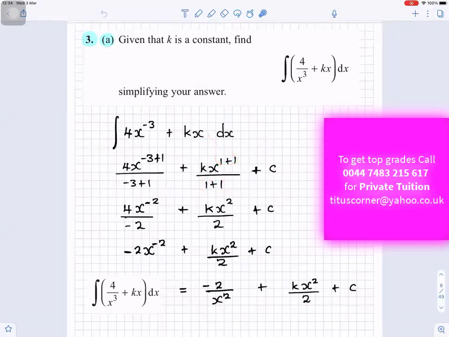Add 1 to the power, divide by the new power. It becomes kx squared over 2. 4 divided by minus 2 gives you minus 2. So it's minus 2x to the minus 2 plus kx squared over 2 plus, don't forget the constant of integration c.